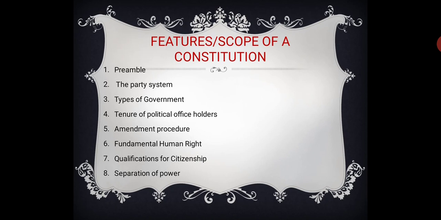Should an executive president spend 6 years, single term, or 2 terms of 4 years each in the office? Number 5, amendment procedures. The Constitution must also provide the procedures for its amendment. Should the procedure be rigid or flexible, or through simple majority vote?